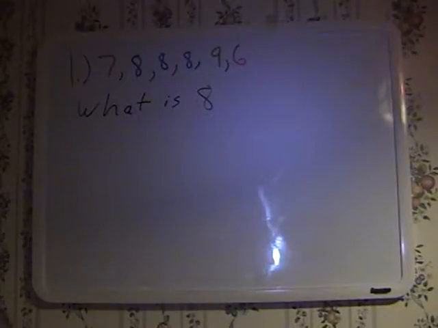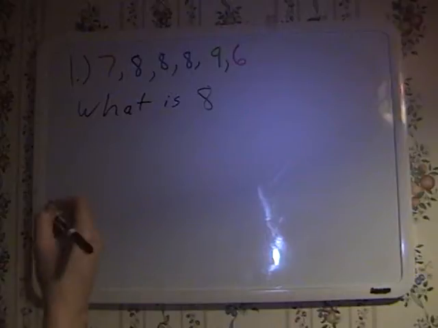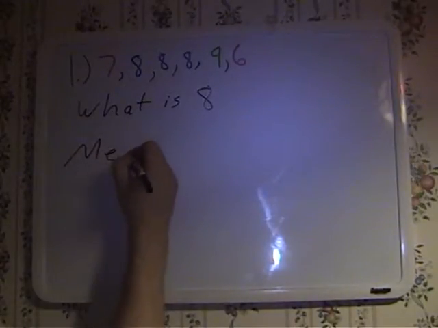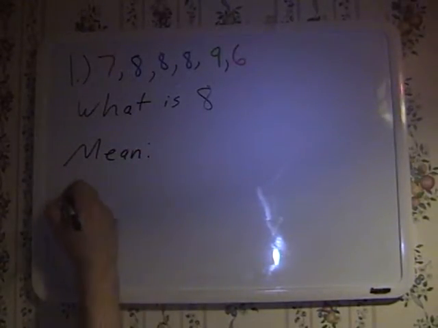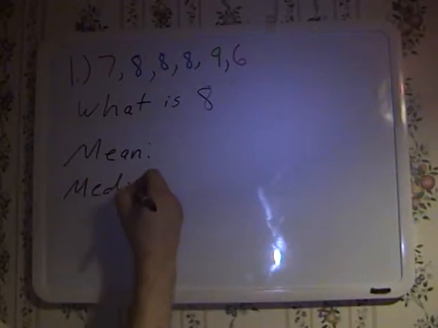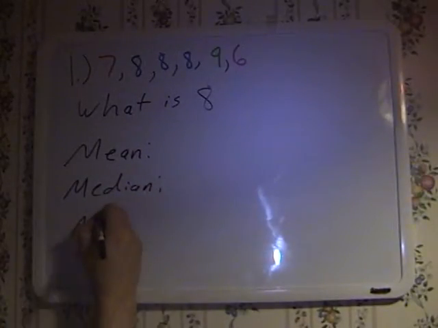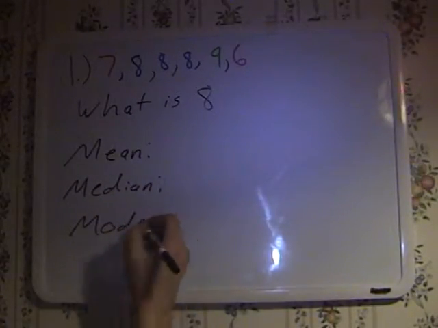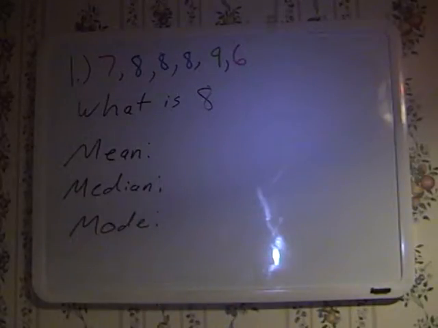Now, statistically speaking, you have to know a few terms, and we're going to go over those real quick. This is the 3 M's of statistics, at least that's what I like to call them. Anyway, they're mean, median, and mode. So let's define these real quick and find them in this example.